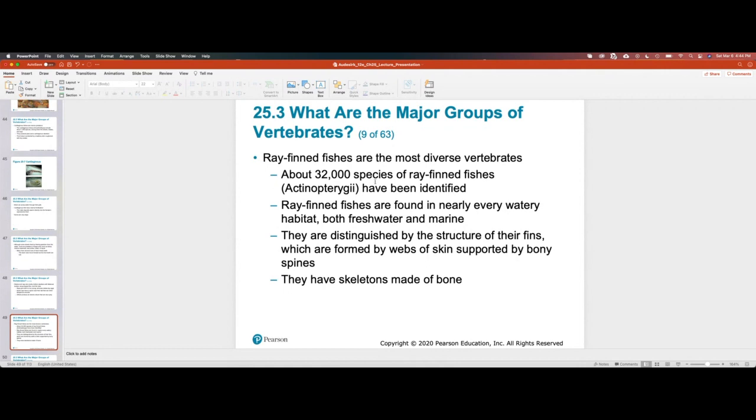Ray-finned fishes, actinopterygii, they're unique because their fins are formed by webs of skin supported by bony spines, and they have skeletons made of bone.